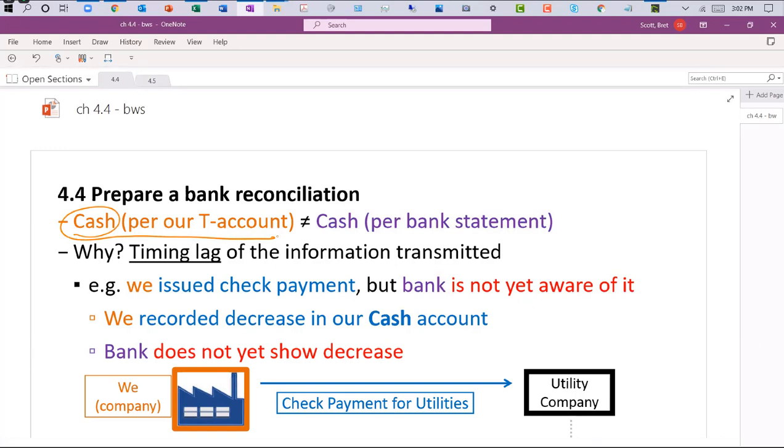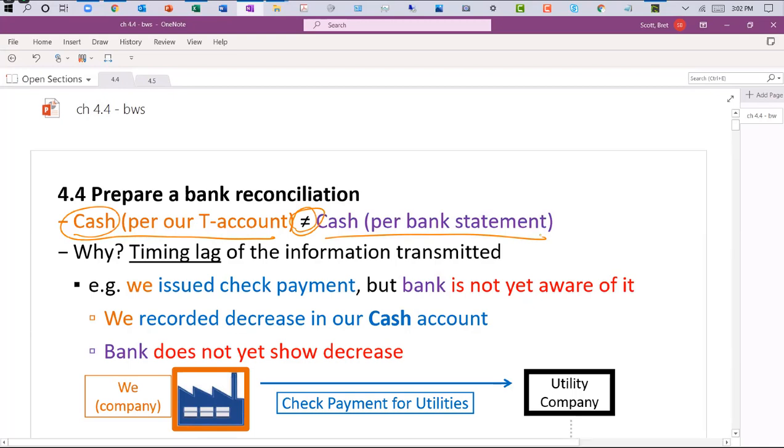And usually it's not equal to what we see on the bank statement. So if we're looking at a 12/31, a December 31st balance on the bank statement, and we try to compare it to our December 31st balance in our cash account, T account, oftentimes they won't equal each other. And that's nothing to fret about.